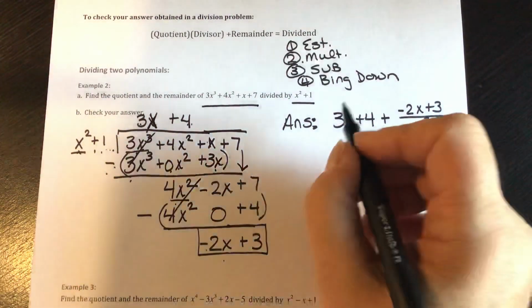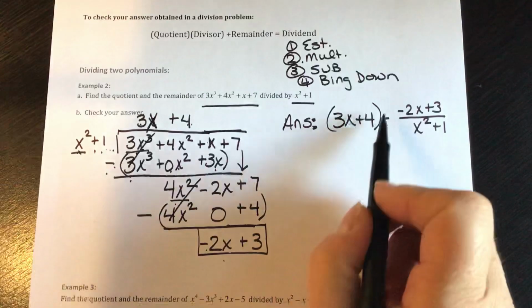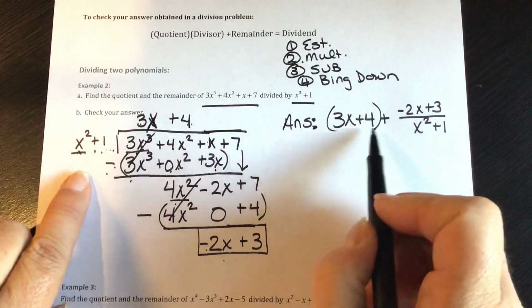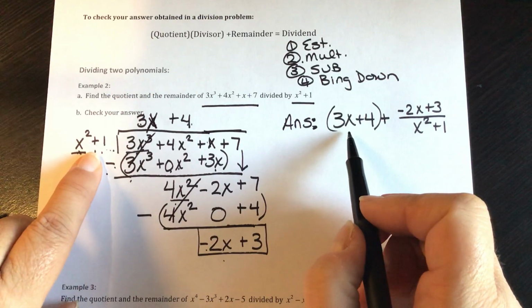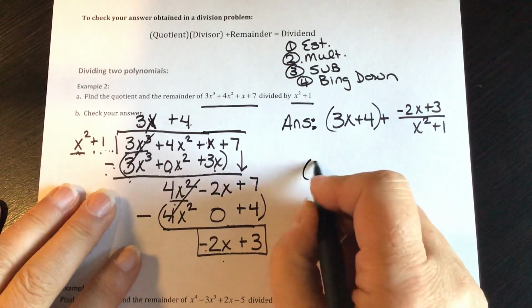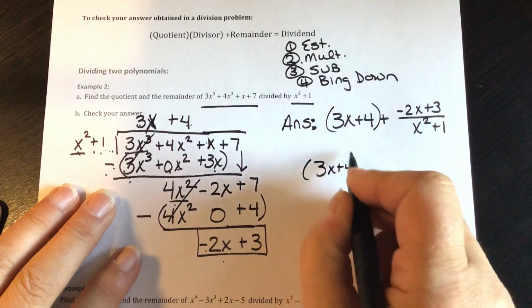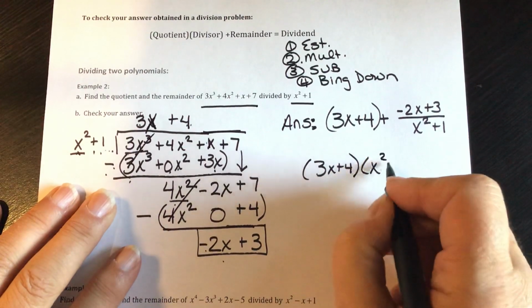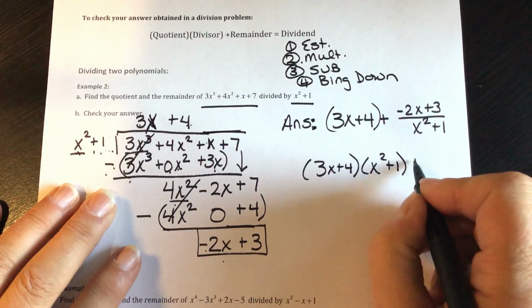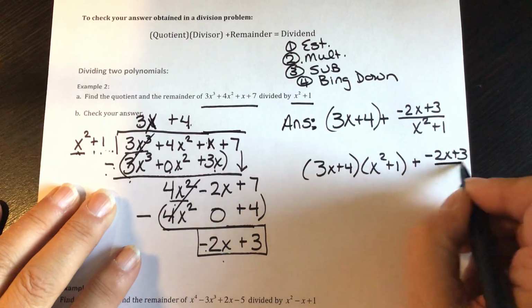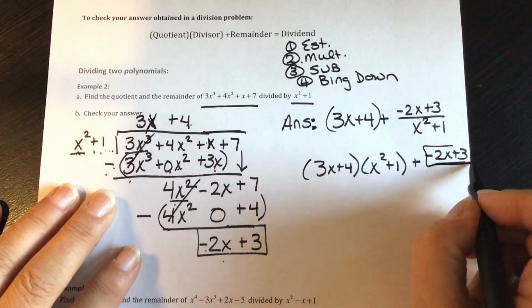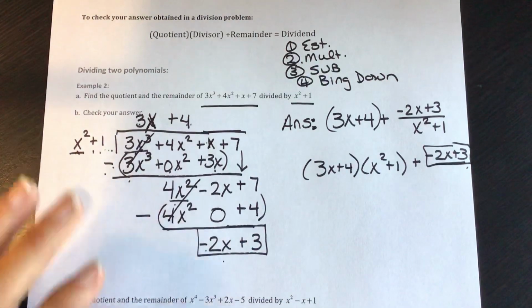So what we need to do is take this part of our answer and multiply it by what I divided by. So I'm going to have 3x plus 4 times x squared plus 1, and then I'm going to add negative 2x plus 3 when I'm done.